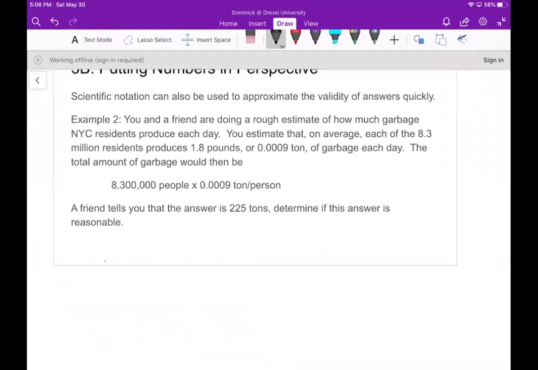Now, 8,300,000 is 8.3 times 10, and this would have had to move 1, 2, 3, 4, 5, 6 spots. So this is 8.3 times 10 to the 6. Now the other one is 9 times 10 to the negative 4.